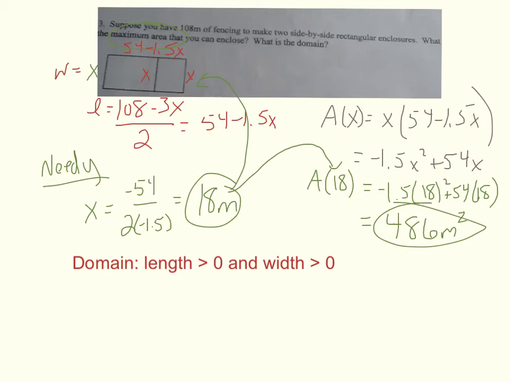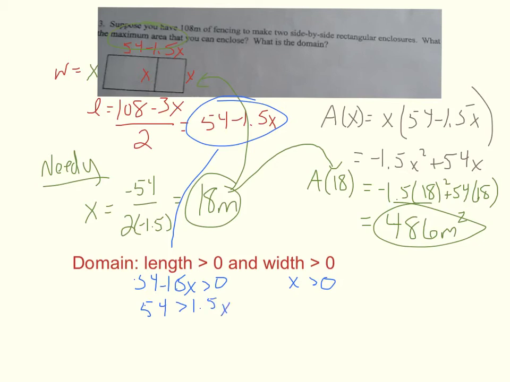And again, let's find the domain. For the width, we said the width was just x. So again, x has to be a positive number. We're kind of seeing a trend there, aren't we? And the length was 54 minus 1.5x. That's got to be a positive number. So, add 1.5x to this side and divide by 1.5. x must be less than 36.